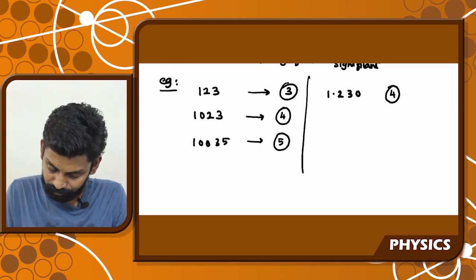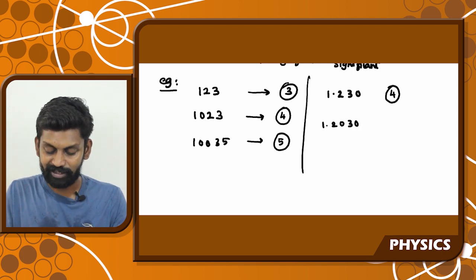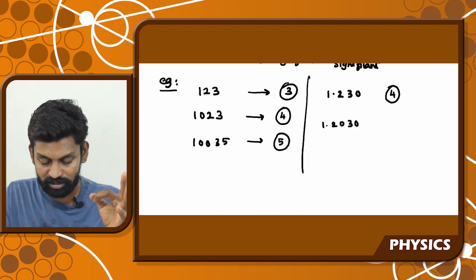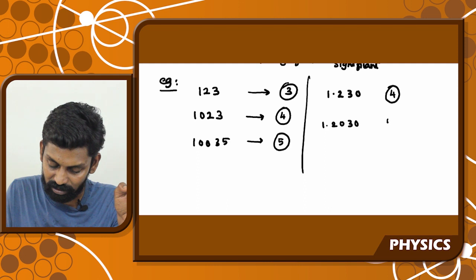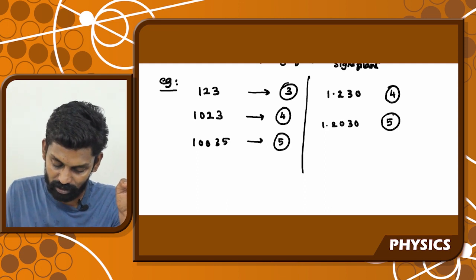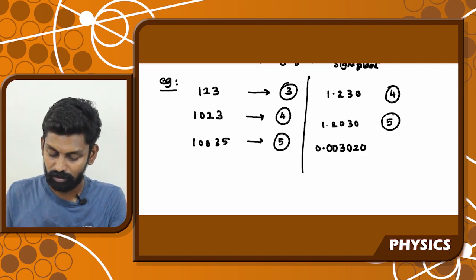Next, if there is 1.2030, there are 3 non-zeros, 1 zero coming in the middle of non-zeros and another one is a trailing zero of a decimal number, so all become significant. Suppose I say 0.003020.